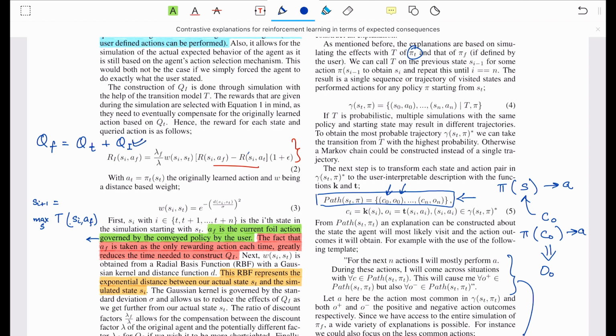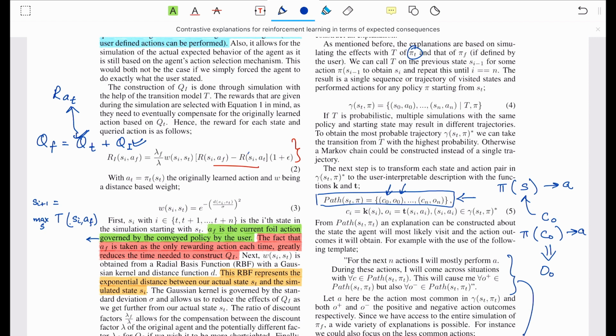This term contributes to providing more weightage towards the action AF. What this term does is provide more weightage to the action AT. This is because this QT term follows the R, that is, it adds the reward when action AT is done.